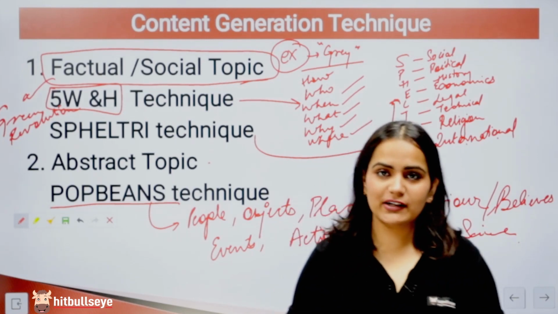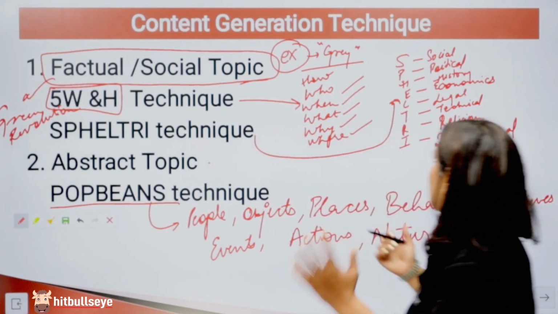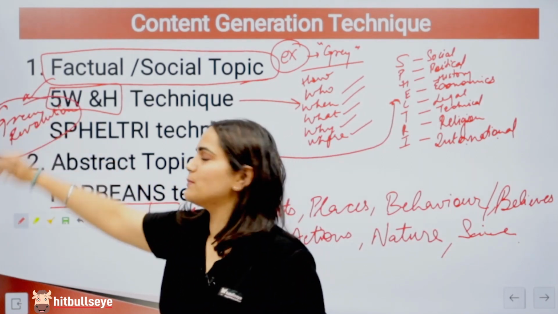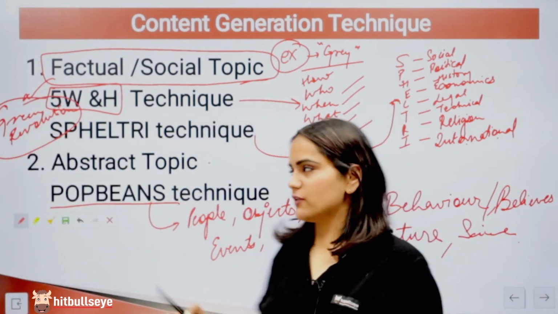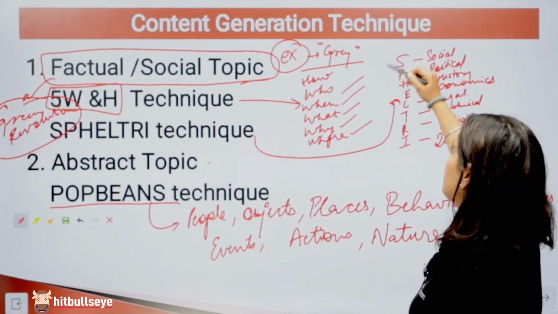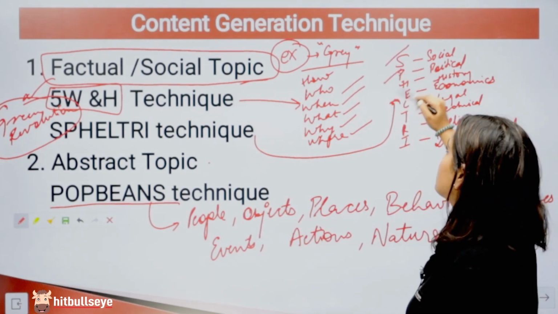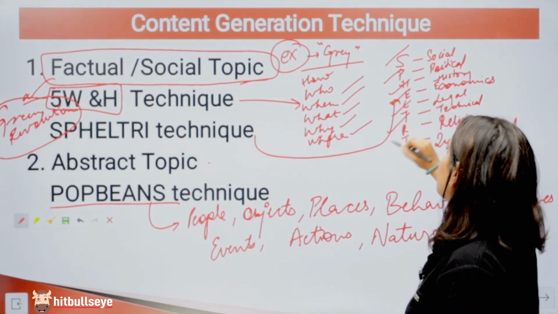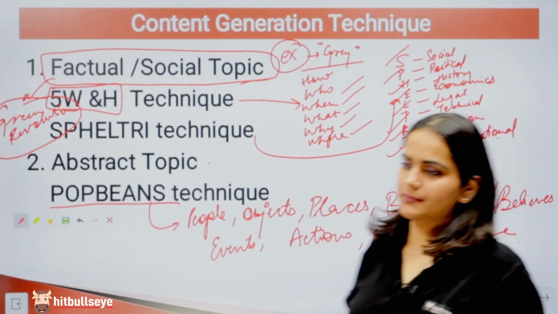Now next, Sphiltry. What is Sphiltry? Let me tell you. You can relate Green Revolution to many aspects of life. Let's see what aspects you can relate Green Revolution to: social, political, historical, economic, legal, technical, religion and international.